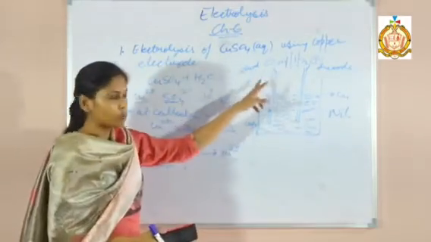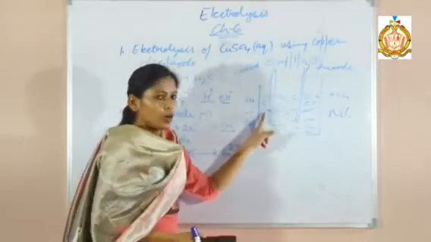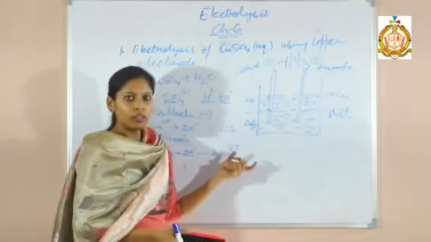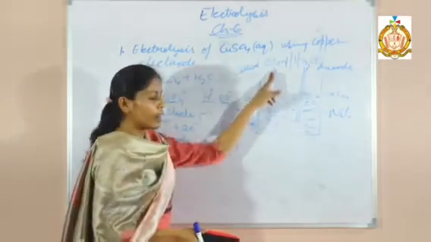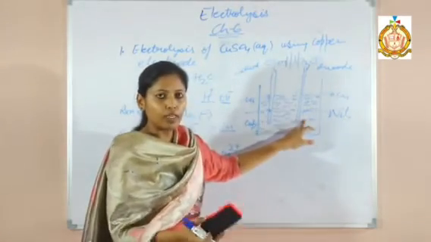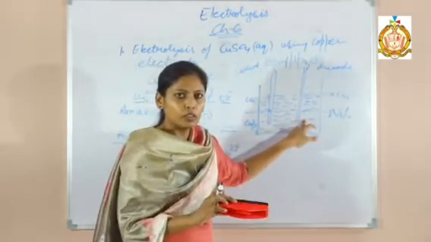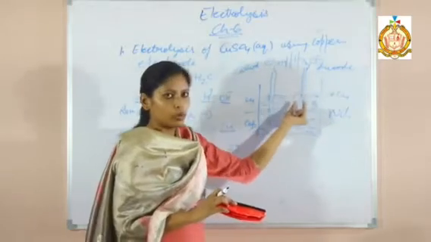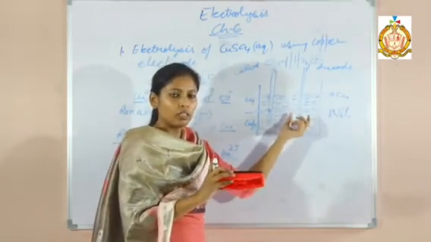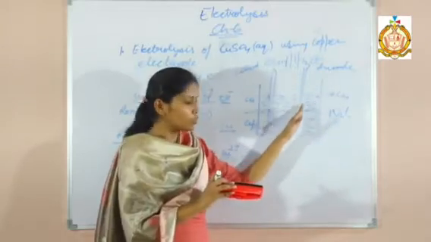Next is observation at cathode. Observation is the color of copper. What is the color of copper? Reddish brown metal deposited at the cathode, that is the observation. And at anode, what is the observation? The size of anode, very important, the size of anode becomes thinner because it is itself dissolving.